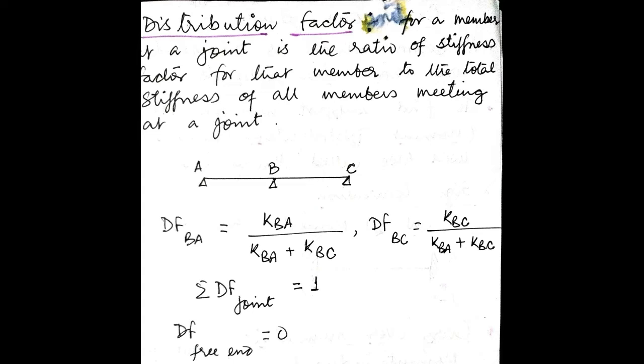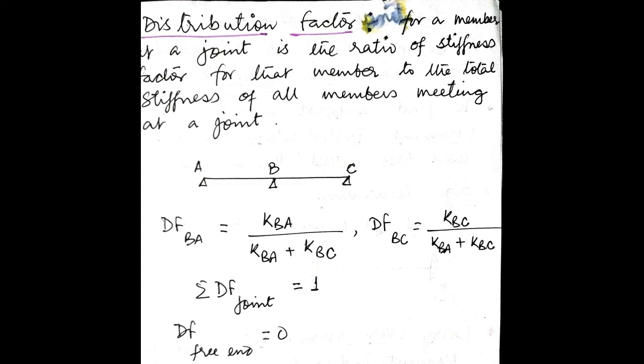Now distribution factor is to be found out at a joint and for 2 members. Okay, so let us concentrate on the joint B. Joint B, how many members are there? 2 members are meeting, AB and BC. Now how do we define the distribution factor? So distribution factor is defined as the ratio of the stiffness factor for that member.